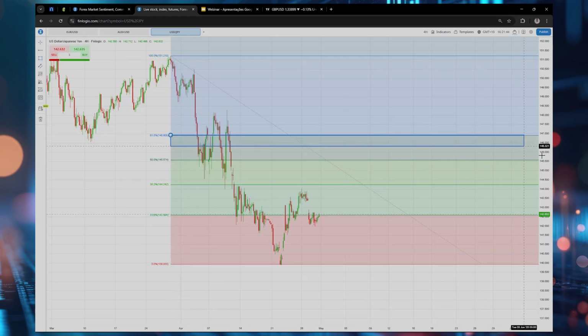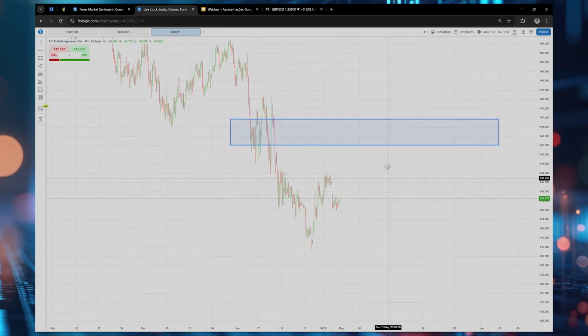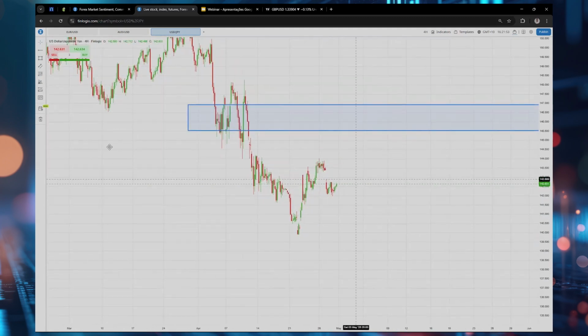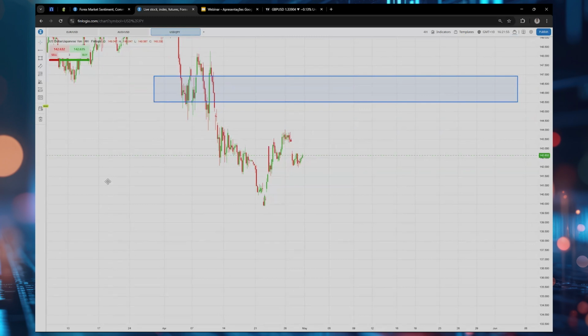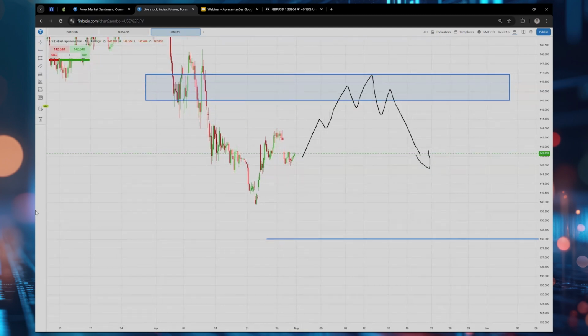Talking about this area here, most likely that will be an opportunity to short US dollar Japanese yen, and that will be quite good because I'm targeting something around this look, and I'm looking to target 138, so somewhere around here. So that's my opinion on US dollar Japanese yen.